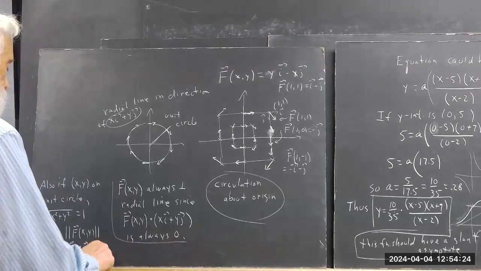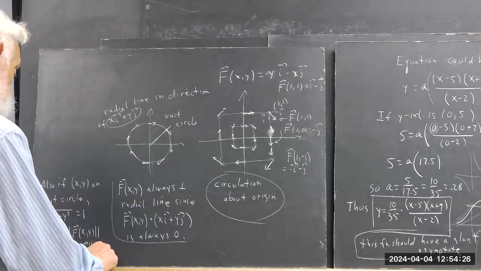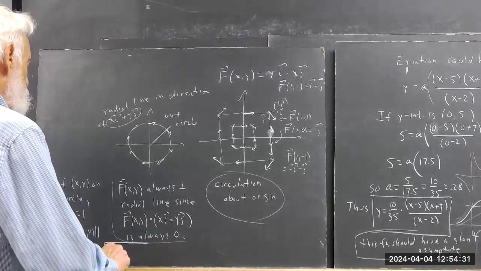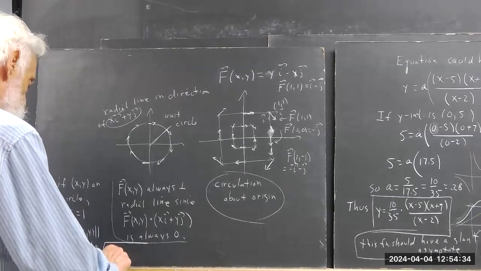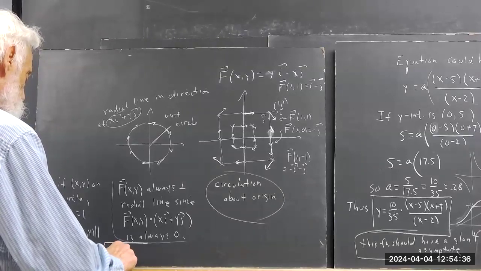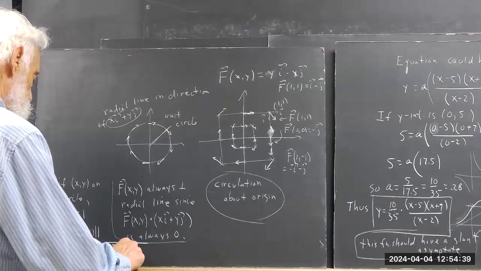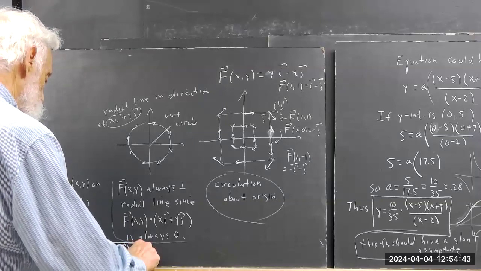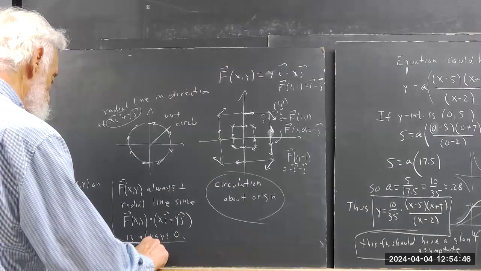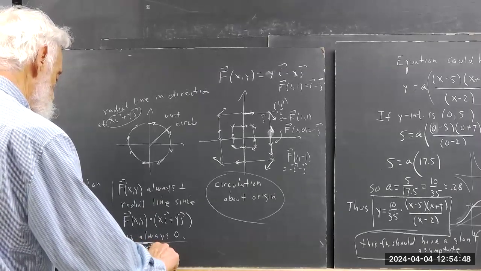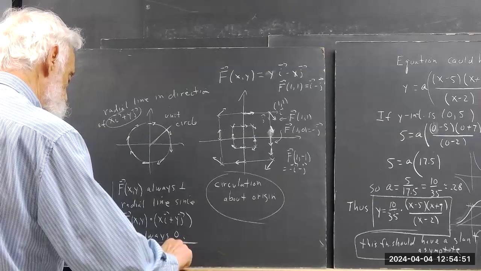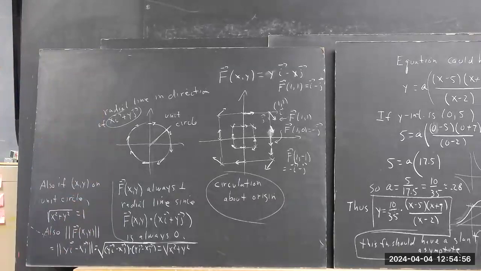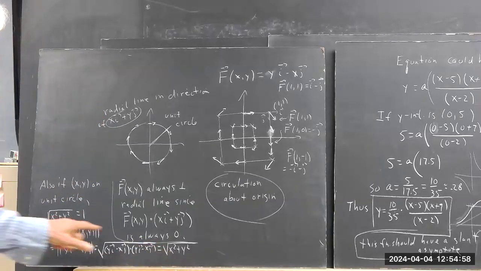I kind of do want to write it out, so I'll squeeze it in. And that comes out to the square root of y squared plus x squared, which is the square root of x squared plus y squared.